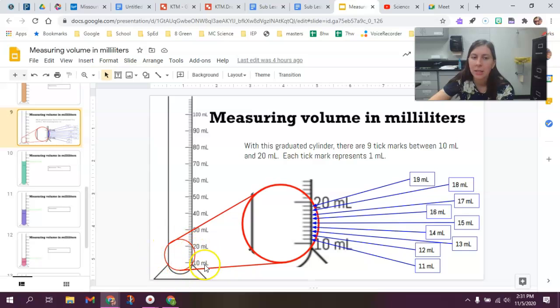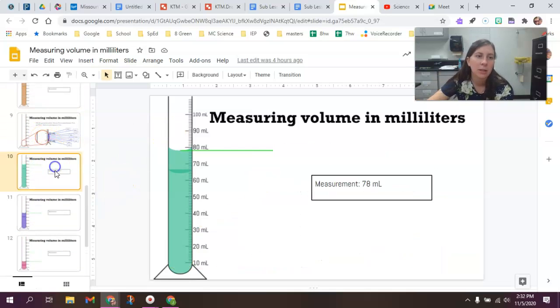So here we have the 10 to 20 milliliter measure, and I've zoomed that in a little bit here. Each single tick mark, each of these small tick marks, show 1 milliliter. So we would have 10 milliliters, then 11, 12, 13, 14, all the way up to 20 milliliters.